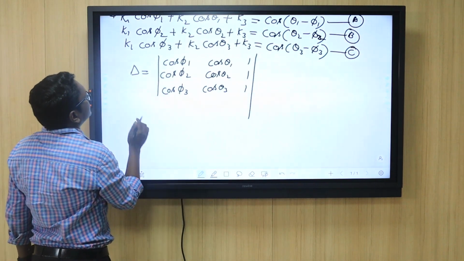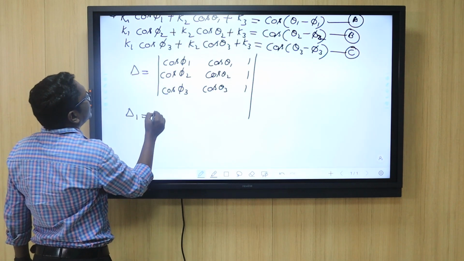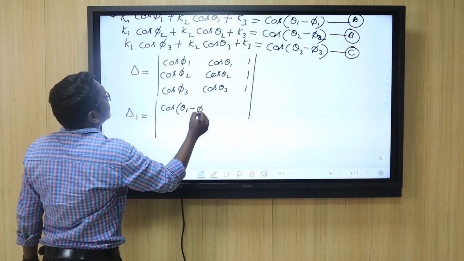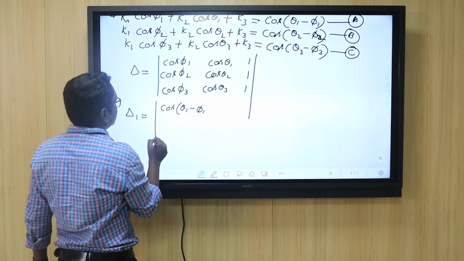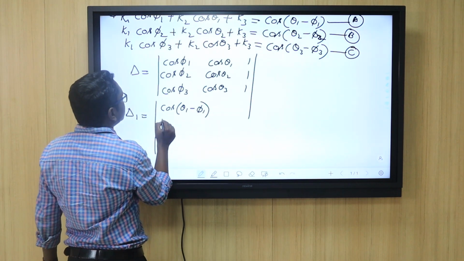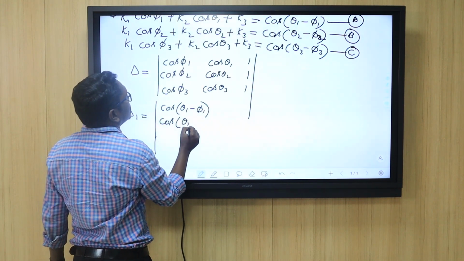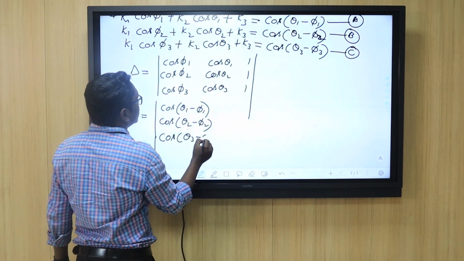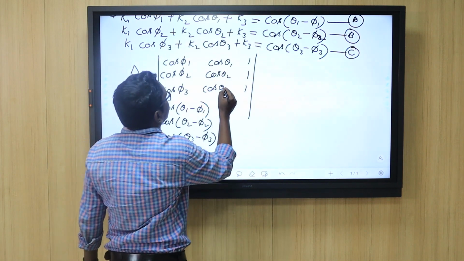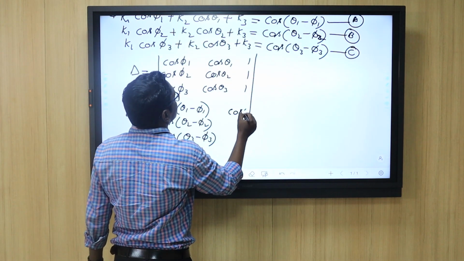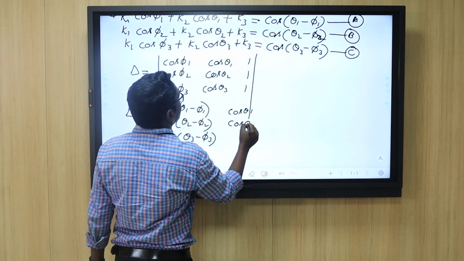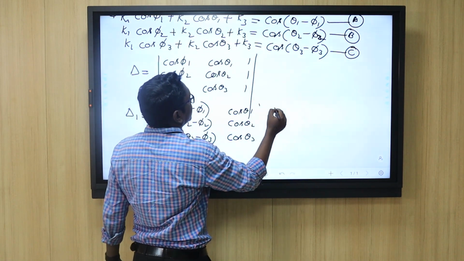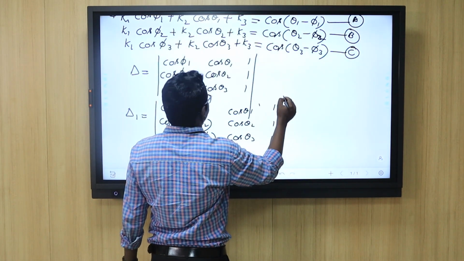So now let us write delta 1: cos theta 1 minus phi 1, cos theta 2 minus phi 2, cos theta 3 minus phi 3. Next, the second line is cos theta 1, cos theta 2, cos theta 3. Next, the final line is 1 1 1.